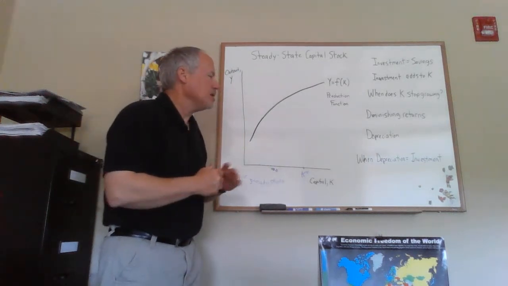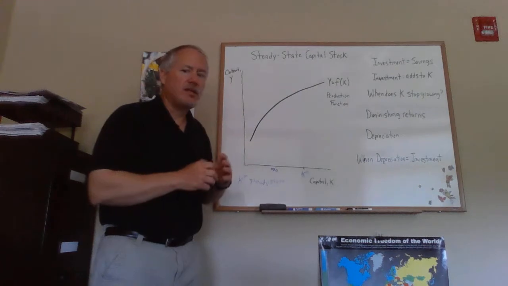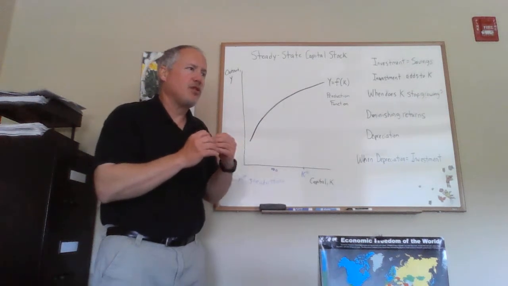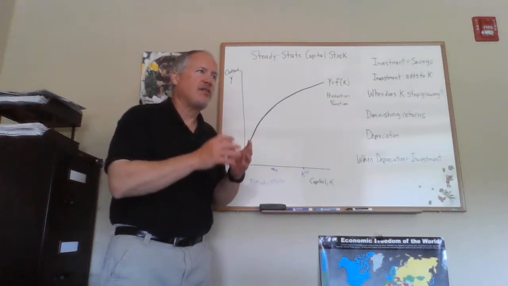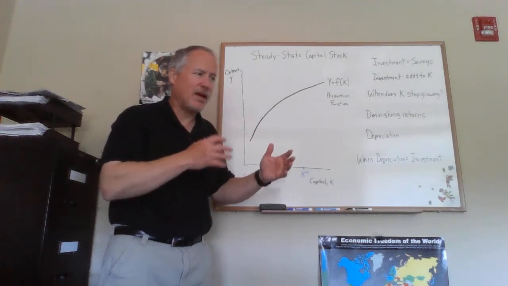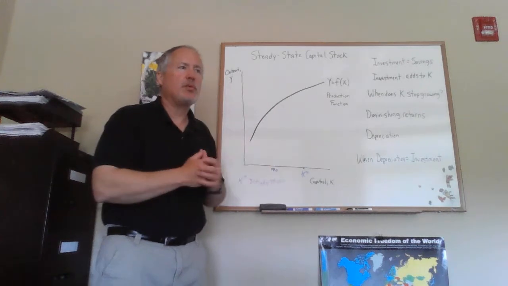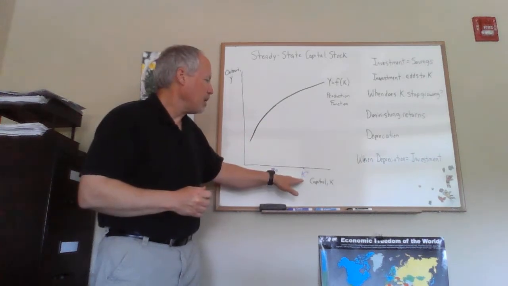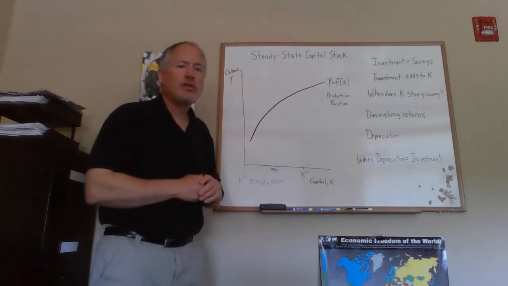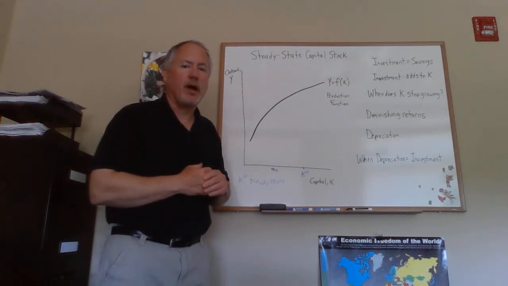So again, this is what we mean by the steady state. It's a way we often go about trying to solve what would otherwise have to be a dynamic model, and dynamic models otherwise would get very, very complicated, very messy, way beyond what we want to get to in this class. So what we're really talking about here is this steady state in the capital stock, and this hopefully gives you a little bit of sense of what's going on behind this.